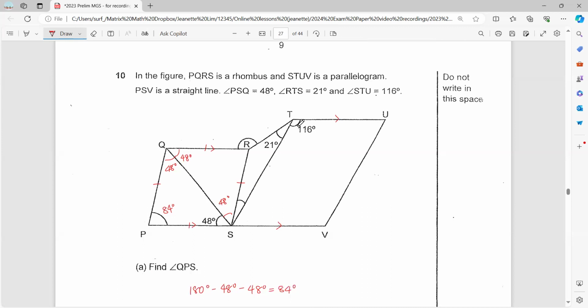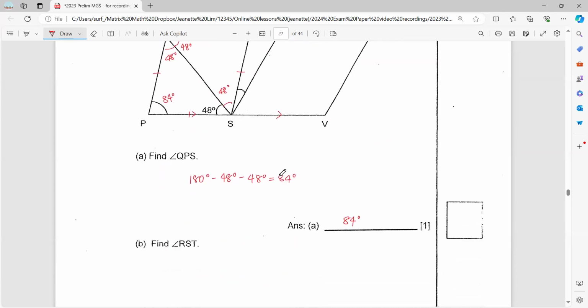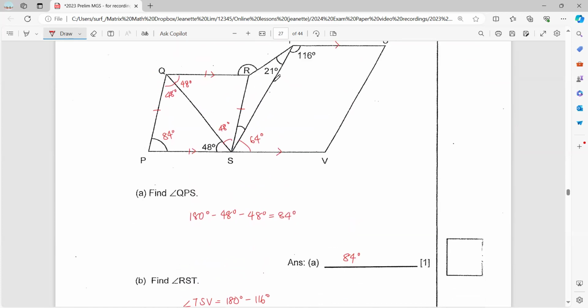So 180 minus 116, you'll end up with TSV. Angle TSV will be 64 degrees. So this one is 64. Now I can find RST.